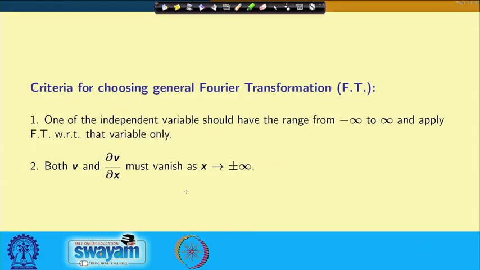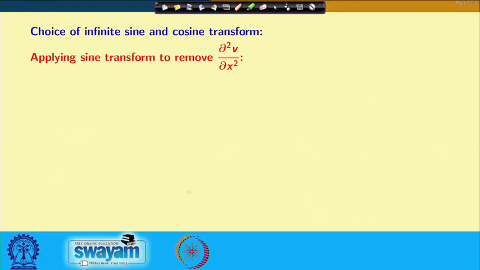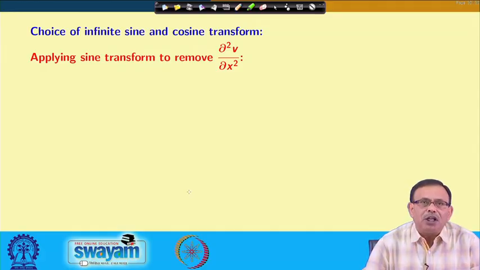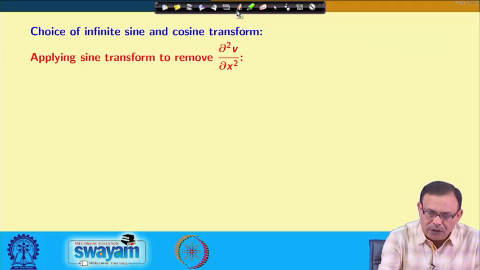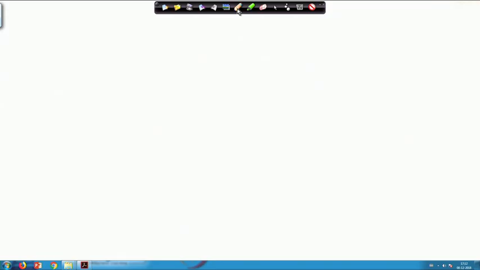Before that, let me go through the criteria for sine and cosine; from there itself it will also be clear. If I want to use the sine transform to remove del 2 v del x square, then we have the integral from 0 to infinity of sin alpha x into del 2 v del x square dx.